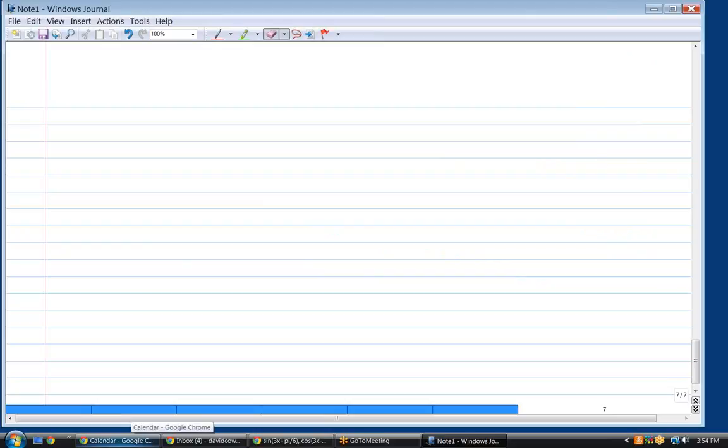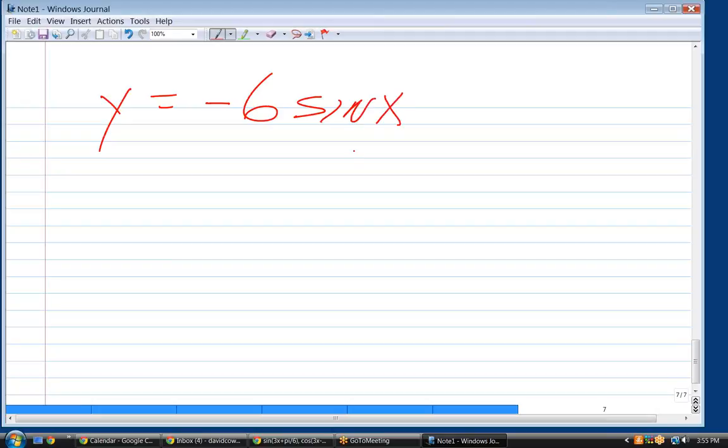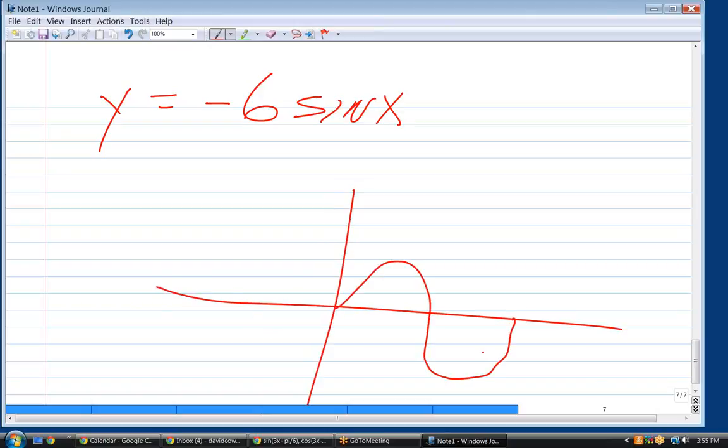All right, last question was: identify the maximum and minimum values of the function y equals negative 6 sine of x. What's the maximum that value can be? Would it be 6?